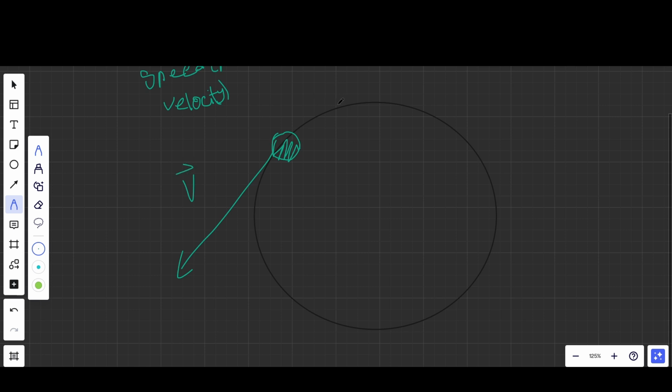If it were here, the velocity vector would probably point to something like this. Another v. If it were here, it would be somewhere here. That's our velocity vector.